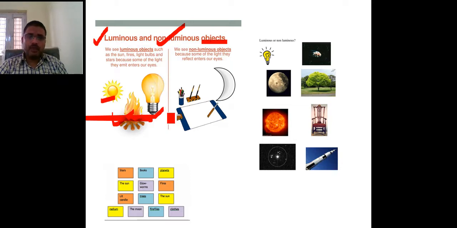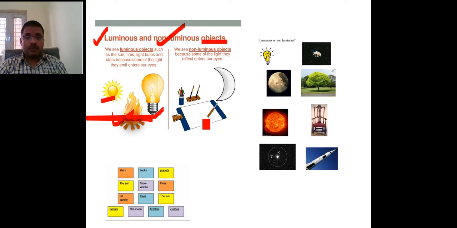Here it is very clear: in case of luminous objects, if there is a fire, the fire creates light, and with that fire we can see the objects. But if there is darkness and there is a book, that book cannot be seen in the dark.